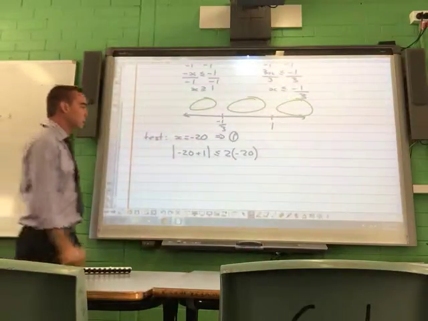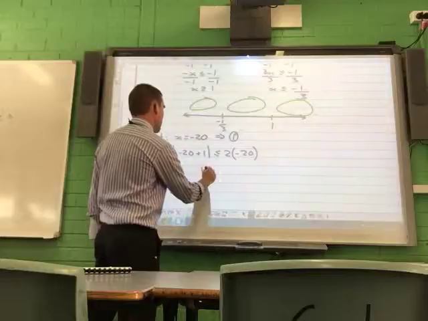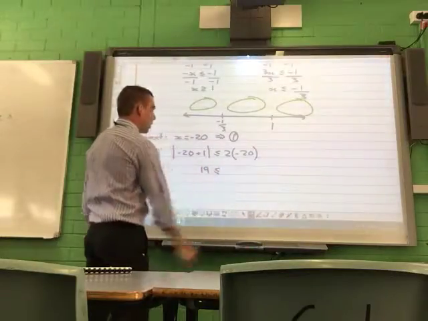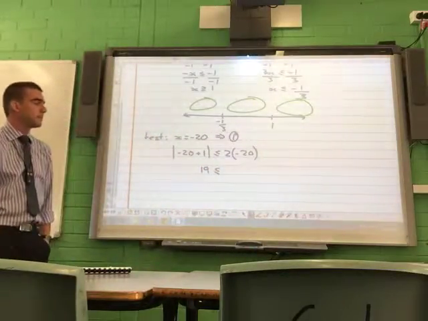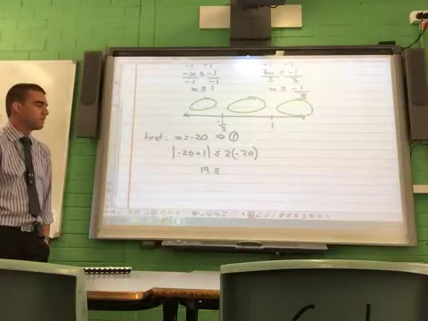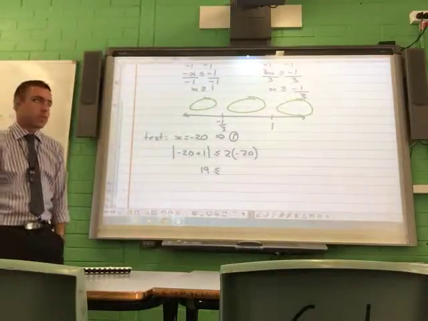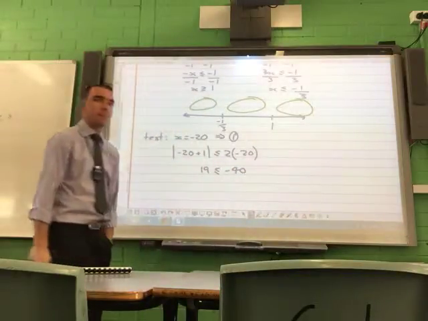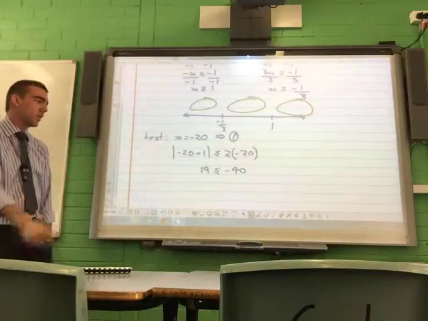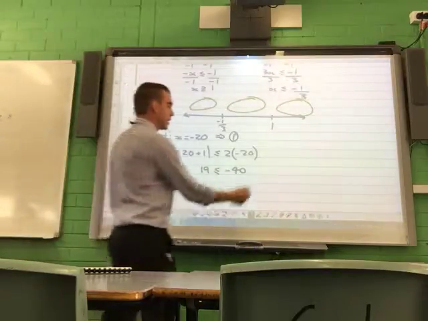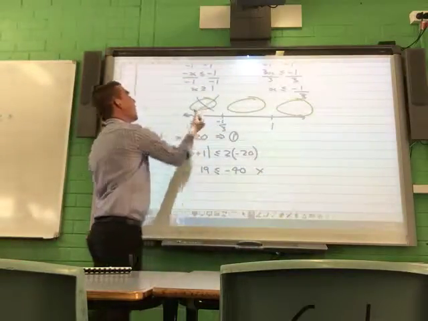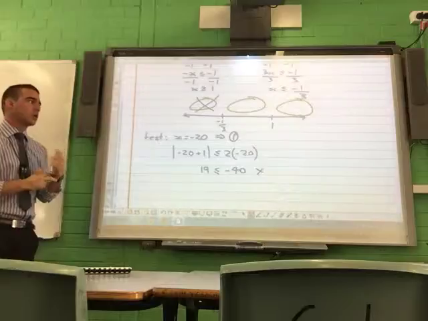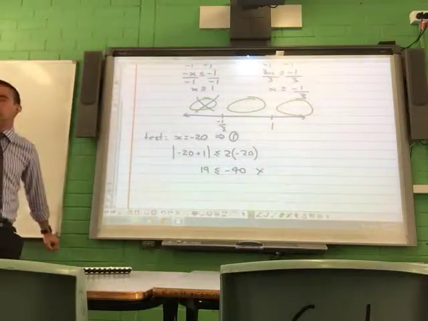Negative 20 plus 1 is negative 19. Take the absolute value of negative 19, which is 19. And then you've got 2 lots of negative 20 on the right hand side, negative 40. So is 19 less than or equal to negative 40? No. That means this region will not satisfy the original inequality, any point within that region.